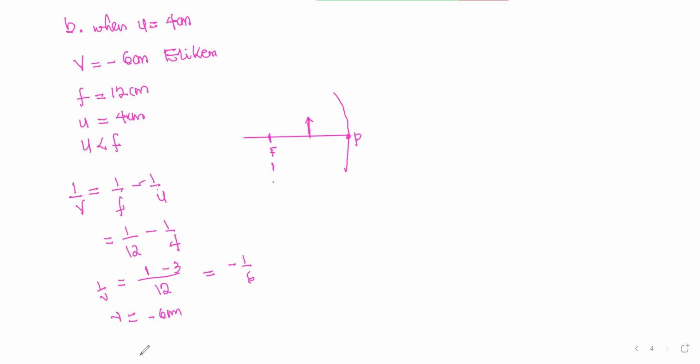Let's look at the other convention, which is the NC convention. Elikem: Sir, please, if you draw this, will the image be between F and P? Elikem, you've done ray diagrams. Okay, let's draw.